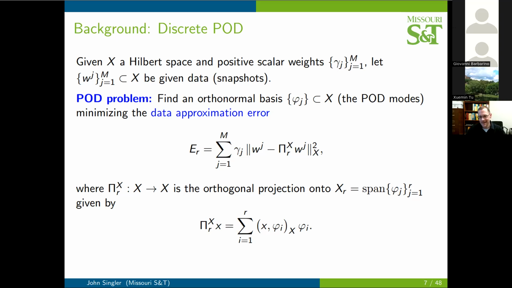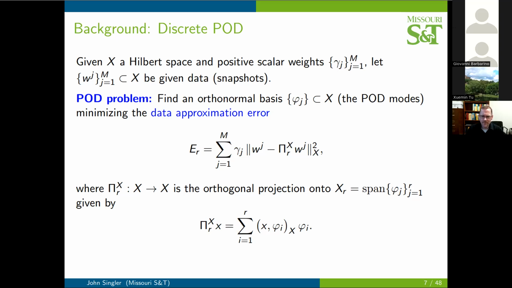Again, we can think of this in a very continuous sense, where we think about these W^j as exact snapshots, infinite dimensional things, or they can be finite element data, for example. Either one is fine.